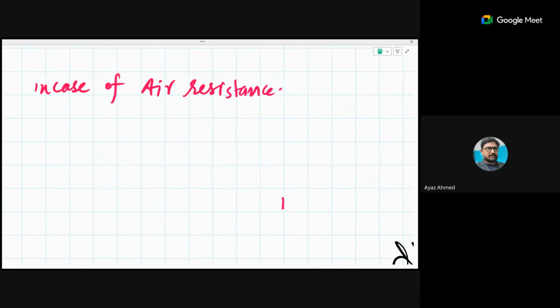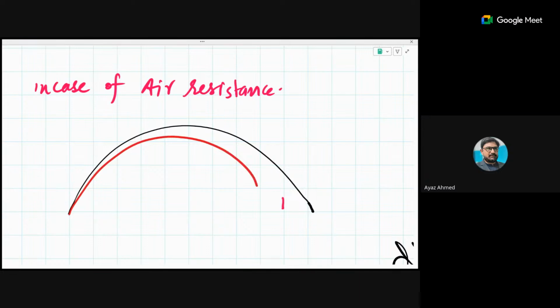If this was the path of a projectile without air resistance, then the object would have this type of motion, not curved inward, but sort of this way, right? Are you getting my point?